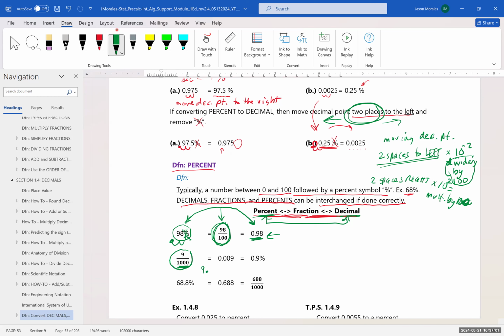And since we're dividing by 1,000, we can now move the decimal point to the left 1, 2, 3 places and put zeros in the gap. And that's how we get 0.009. And now to convert that to a percentage, we move the decimal place to the right 2, and that gives us 0.9%.